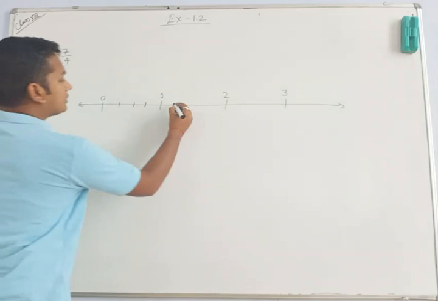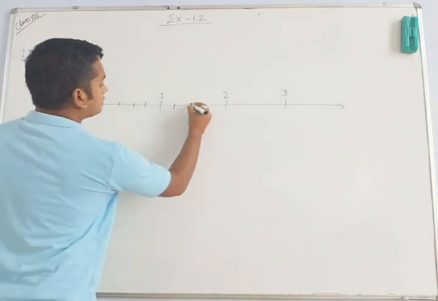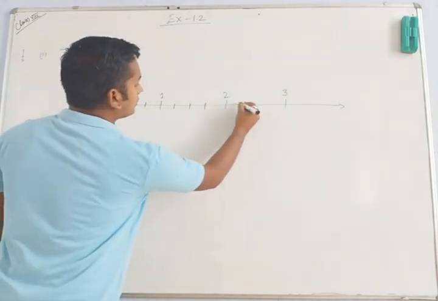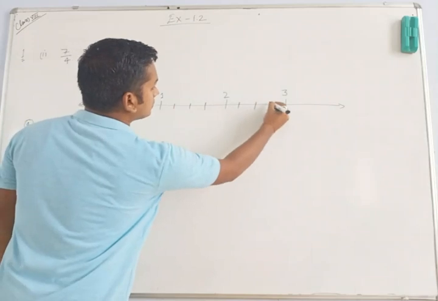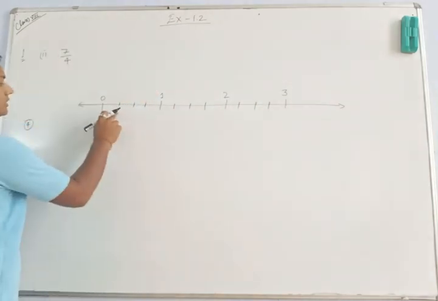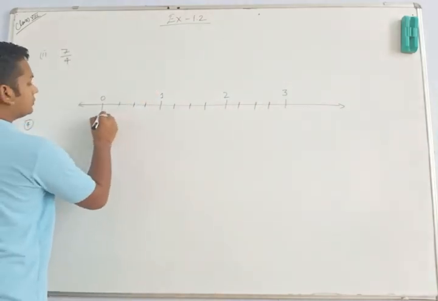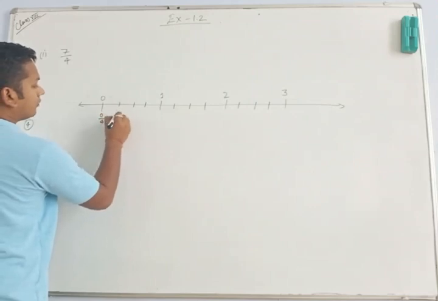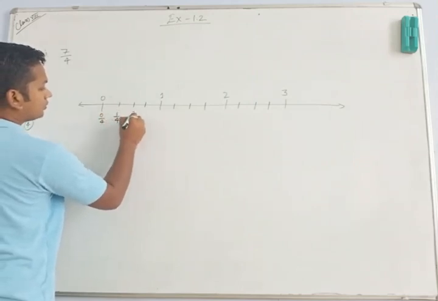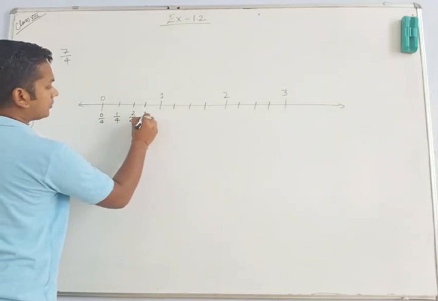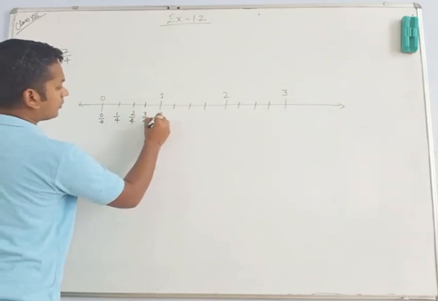Now similarly, 1, 2, 3. Now it will become 0 upon 4, 1 upon 4, 2 upon 4, 3 upon 4, 4 upon 4, that is 1.